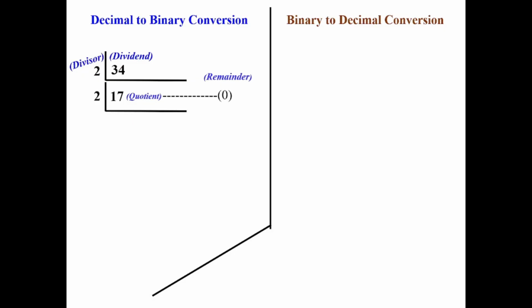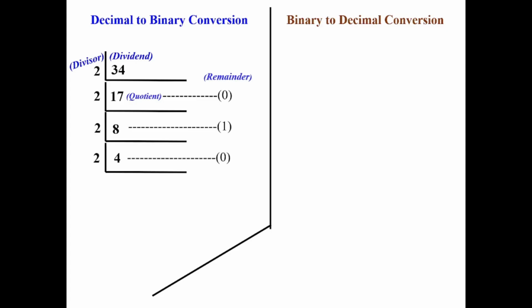Again we divide 17 by 2, we get quotient 8 and the remainder will be 1. Again divide by 2, we get quotient 4 and remainder 0. Again divided by 2, we get quotient 2 and remainder 0.